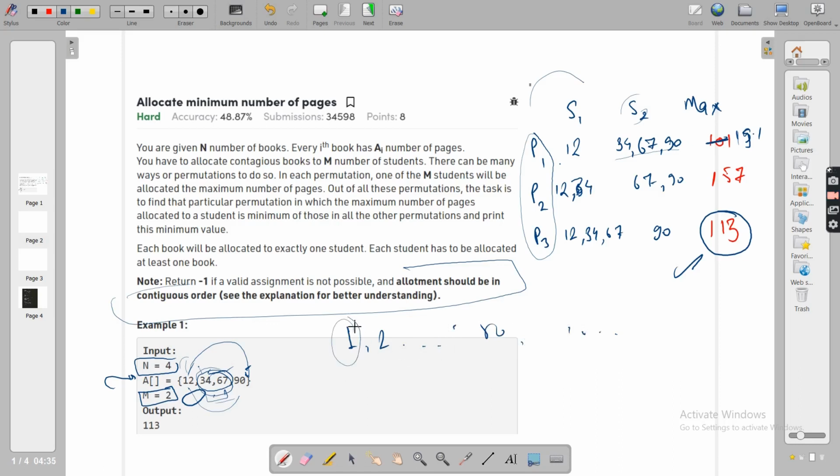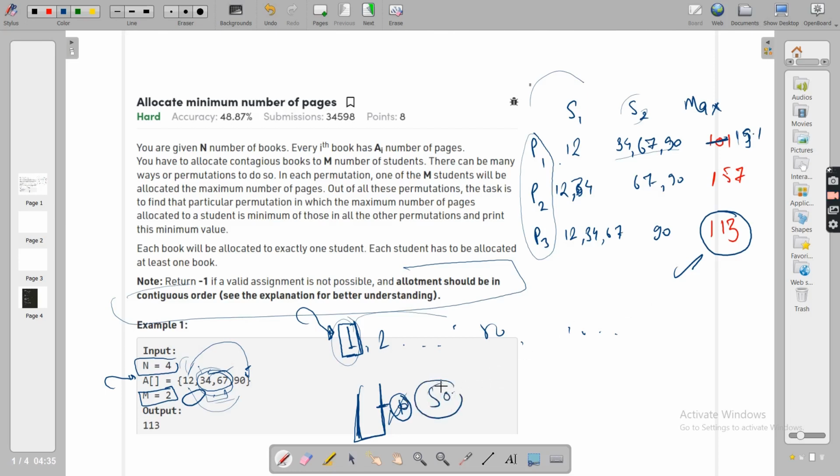You start with 1. Let's consider the maximum a student can get. If I say that I can give a student a maximum of 1, the upper bound being the capacity, the number of pages they can carry, then I'll increase in this order, and say you are getting at most 50 pages.